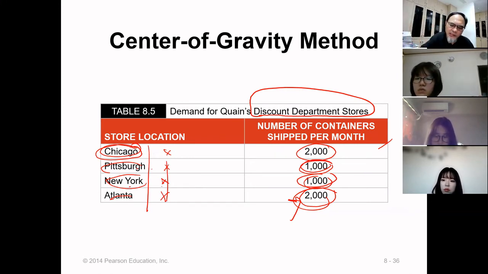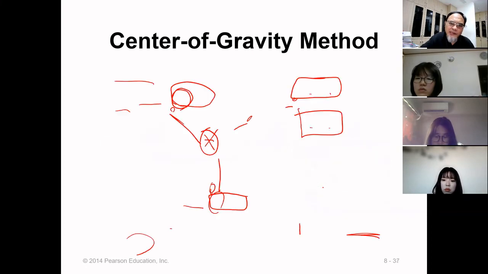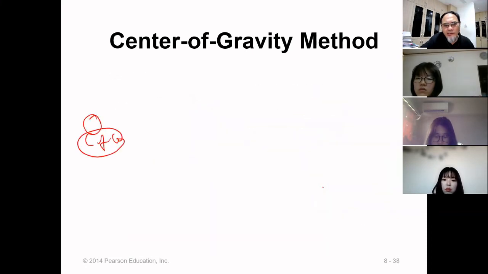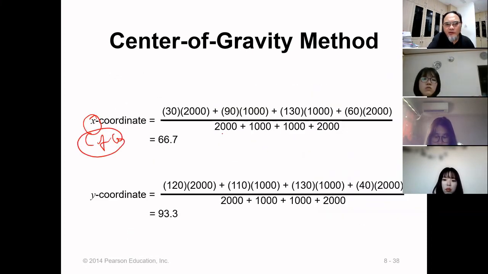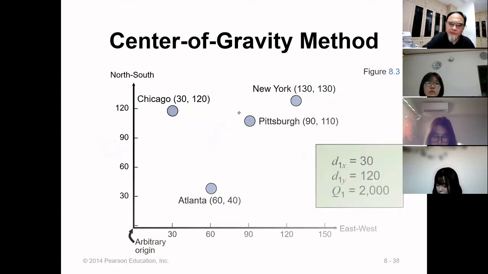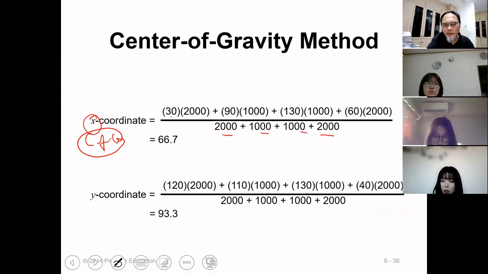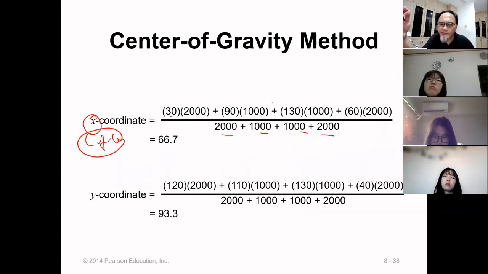Then you divide by the total volume. So 30 times 2000 plus 90 times 1000. Straightforward, it's just X multiplied by the respective volume.